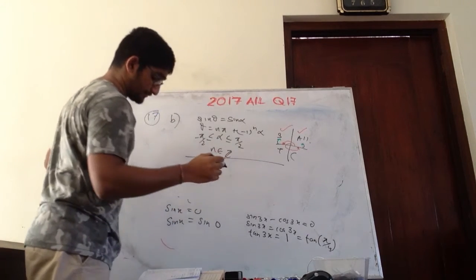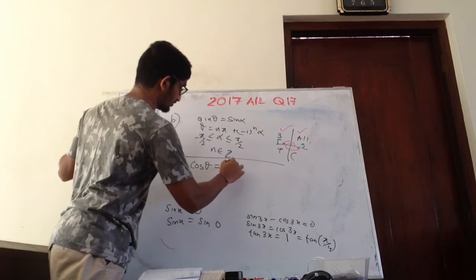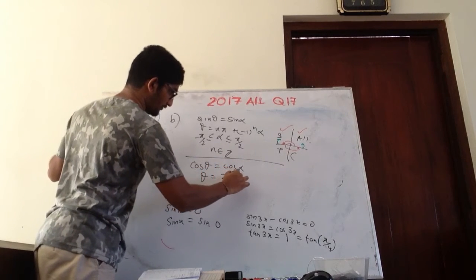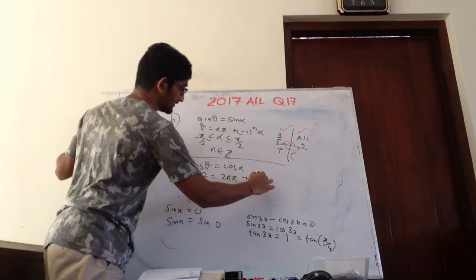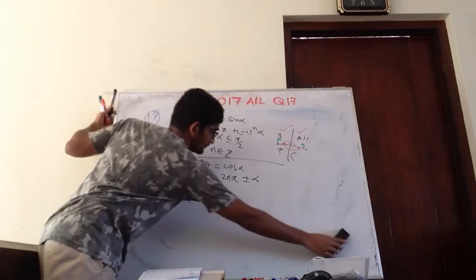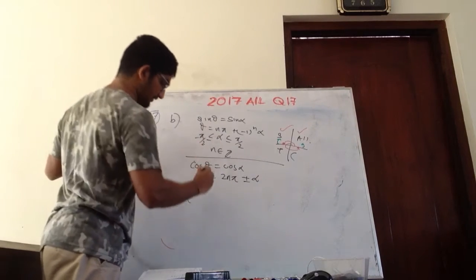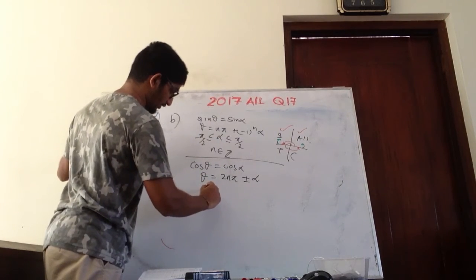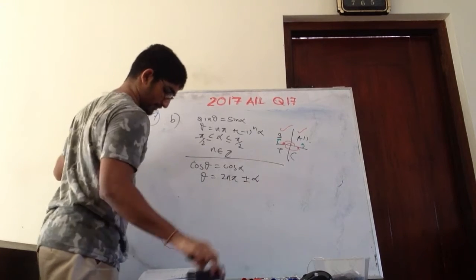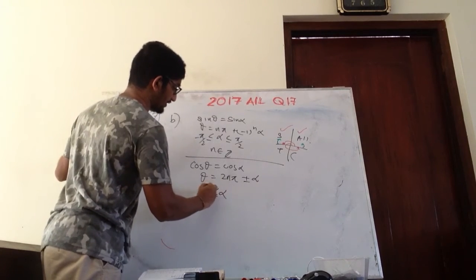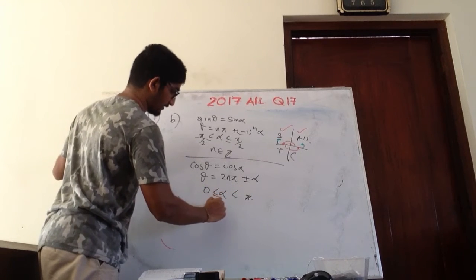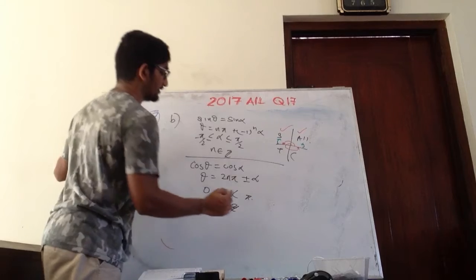Then you get cos theta equals cos alpha. So theta will be 2n pi plus or minus alpha, where alpha is between 0 and pi and n is an integer.